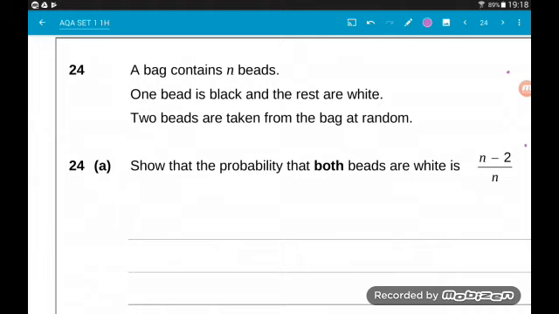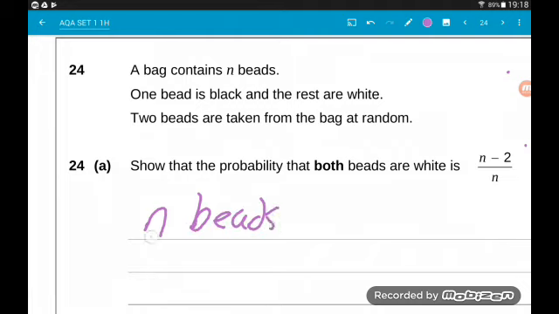So, a bag contains n beads. One bead is black and the rest are white. So, let's turn that first of all into algebra. We've got n beads.